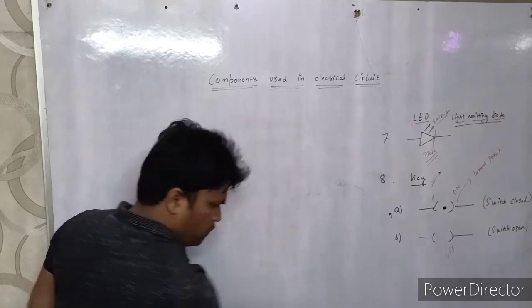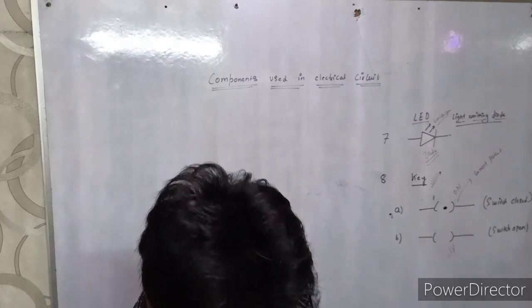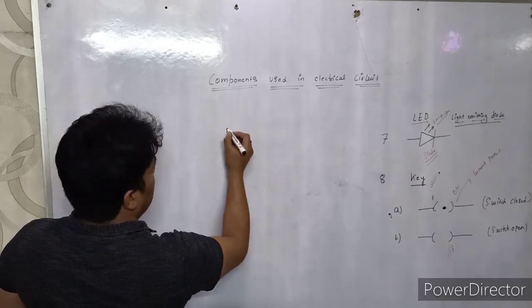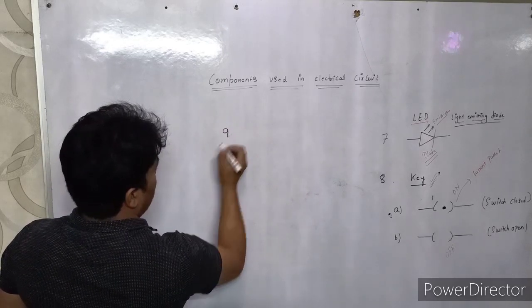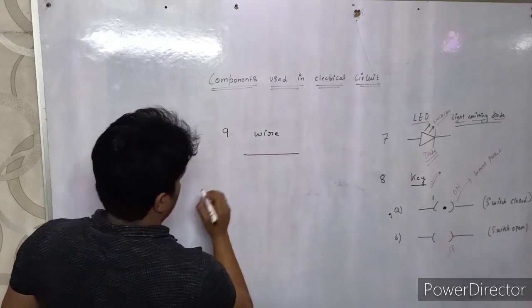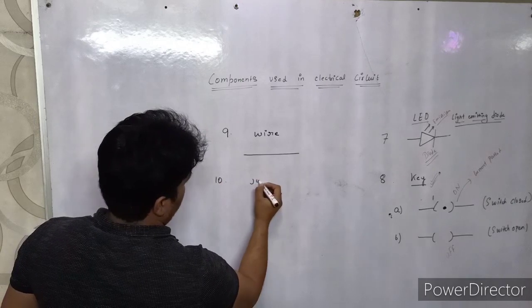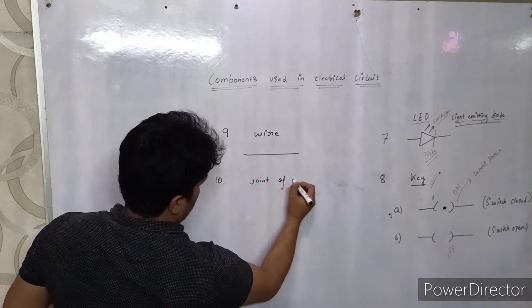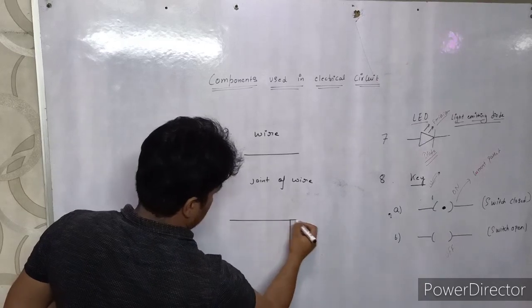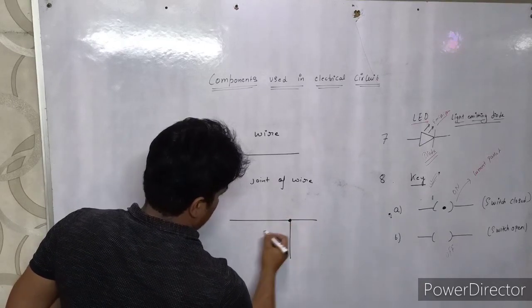Next, there are so many symbols used in circuits, but we are in 10th class, so only a few are there. Ninth, wire. A simple wire is drawn like this. Tenth, joint of wire. Simply, if there is a dot like this, it means this is a joint of wire.